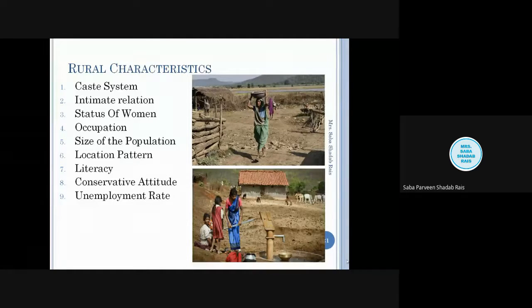There are two other estimates, current weekly status and usual principal and subsidiary status. As per the 2011-12 estimate, approximately 5.7% of the workforce in rural areas was unemployed as per the current daily status basis, as compared to 5.5% in urban areas.